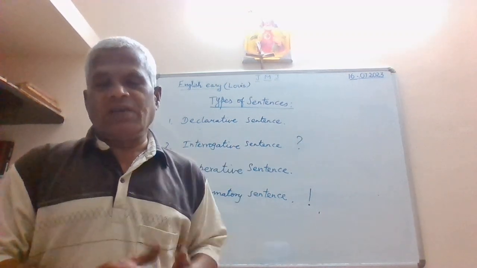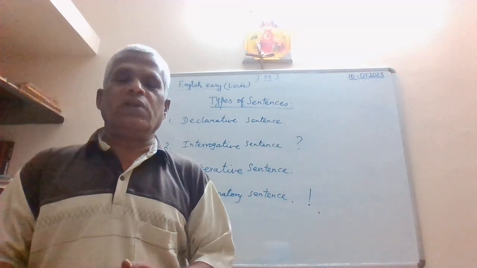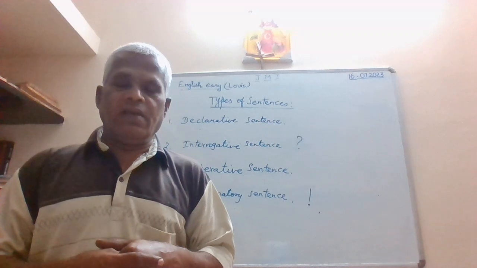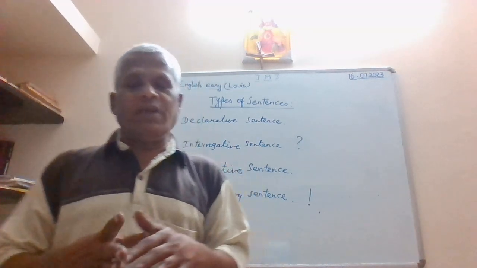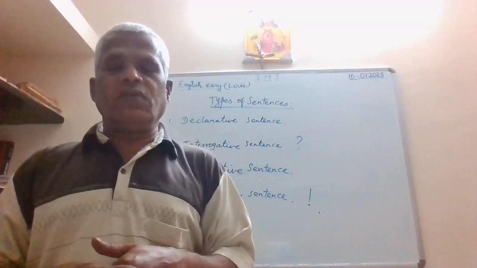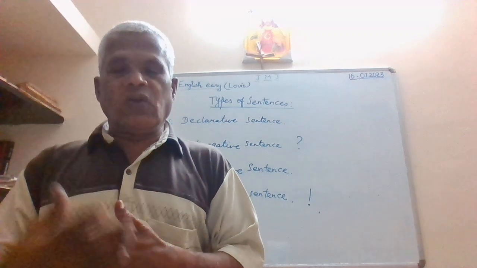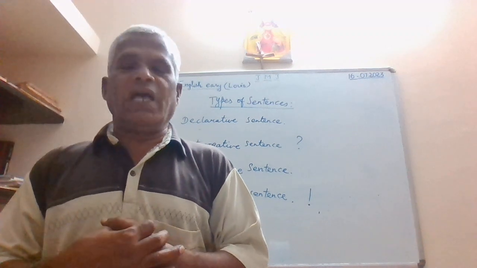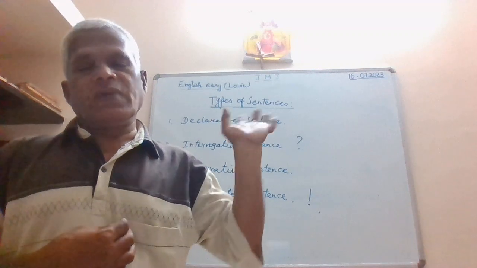In the next video, let us see what we are going to do with these 4 types of sentences when we study direct and indirect speech. Okay. So this is enough for the time being. Let me stop this video with this introduction to direct and indirect speech, and we have learned about the types of sentences here.